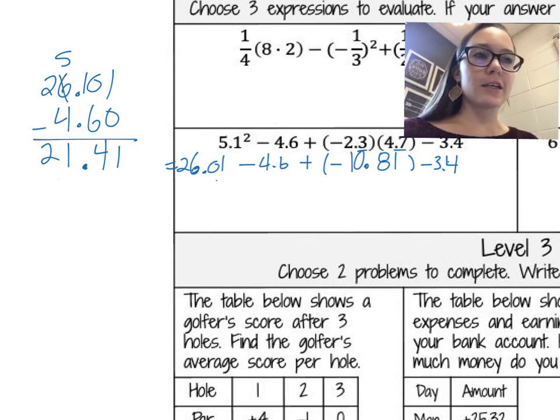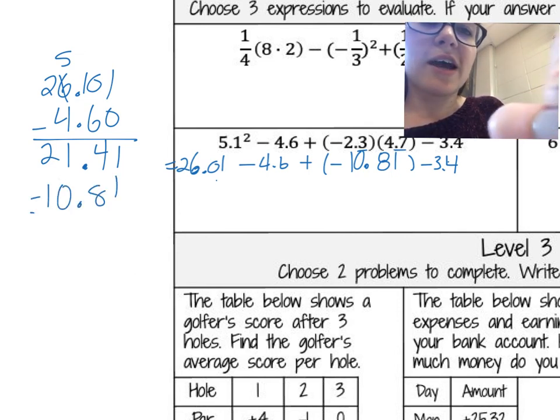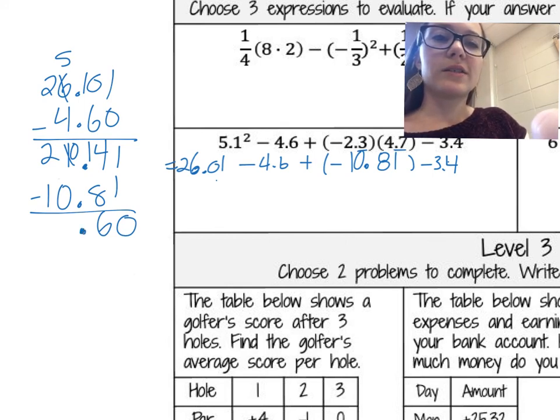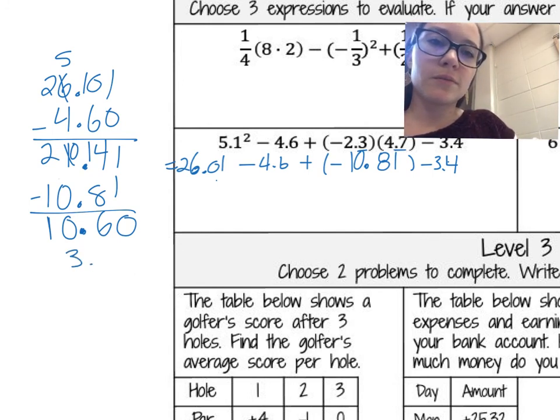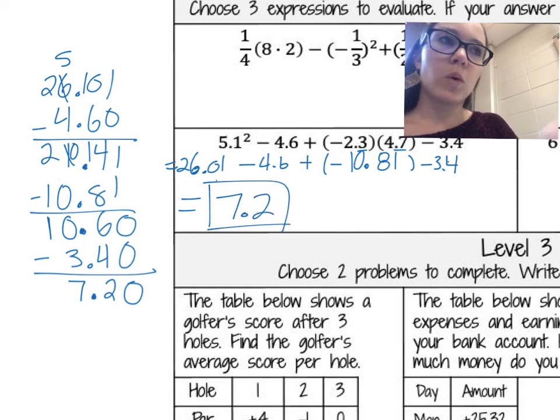So plus negative 10.81. We're actually going to subtract. 1 minus 1 is 0, gotta borrow. 14 minus 8 is 6. Decimal point comes straight down. 0 minus 0 is 0. 2 minus 1 is 1. So now we have 10.6 minus 3.4. 6 minus 4 is 2. Decimal point comes straight down. 10 minus 3 is 7. So 7.2. Cool.